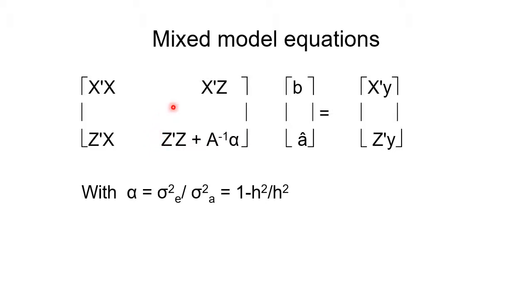So it's a square matrix, and on the diagonal we will basically have 1s for the animals with observations. A minus 1 is a very special matrix. It's the inverse of the A matrix. Now the A matrix is the additive relationship matrix. So it's how much animals are related to each other, but the inverse of that.